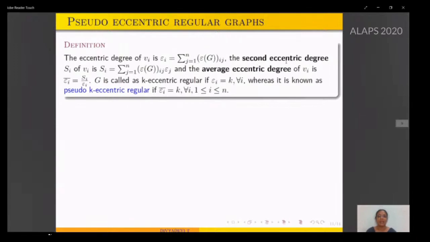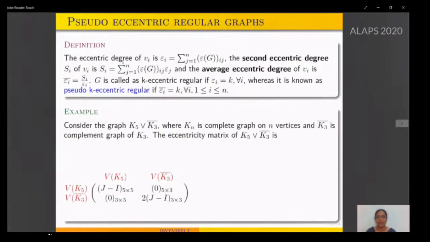The second eccentric degree and average eccentric degree are defined like this. If the average eccentric degree is a constant sequence, then we call the graph G a pseudo-eccentric regular graph. From the definition, it is clear that eccentric regular implies pseudo-eccentric regular, but the converse need not be true.